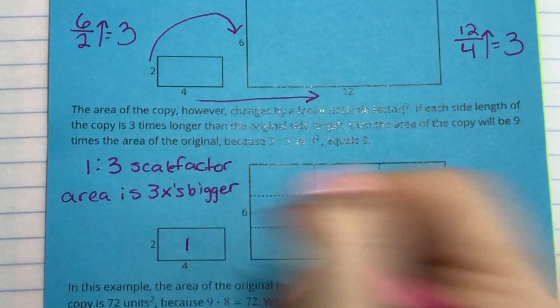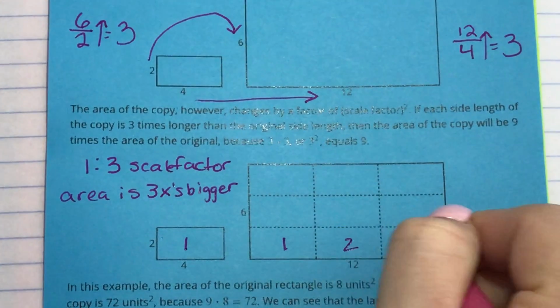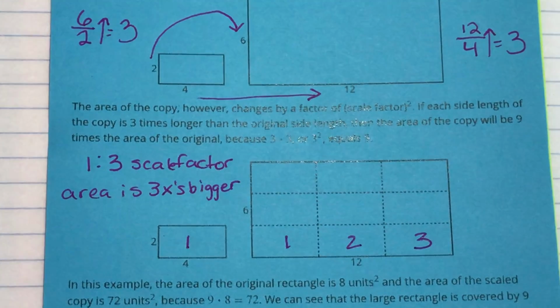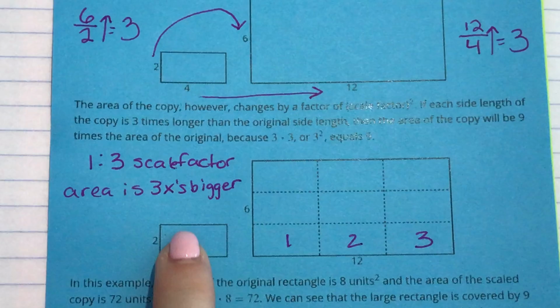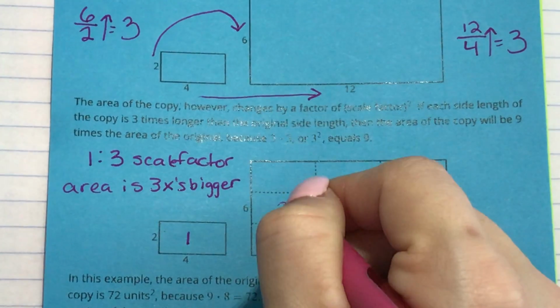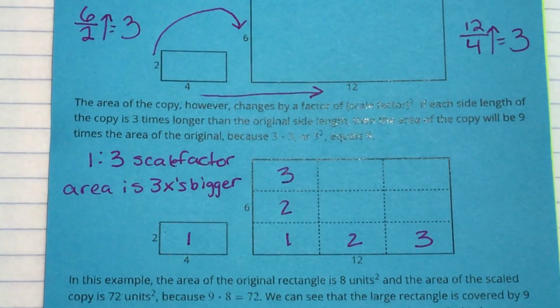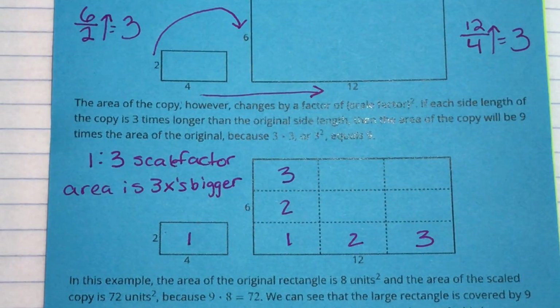So instead of 1, now we have 1, 2, 3. So it's 3 times bigger. And since it's only 1 square going up, well now it's 1, 2, 3 squares going up. So it's 3 times bigger. Does everybody follow that?